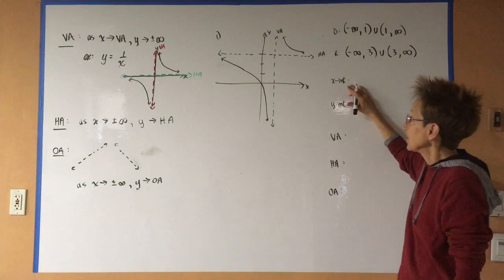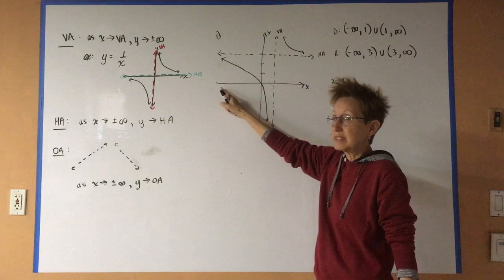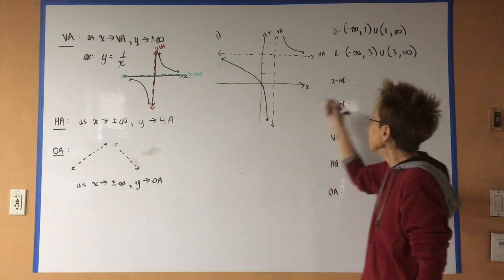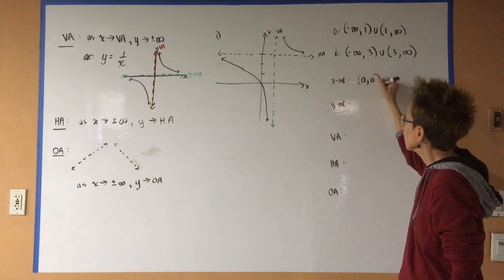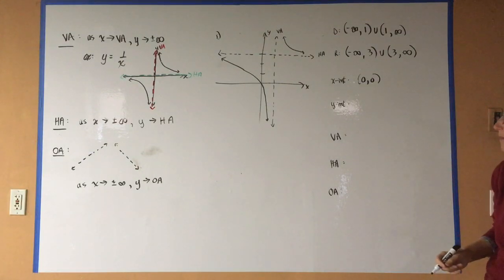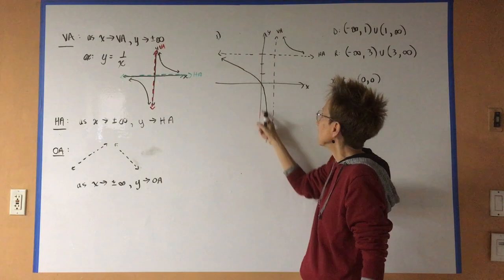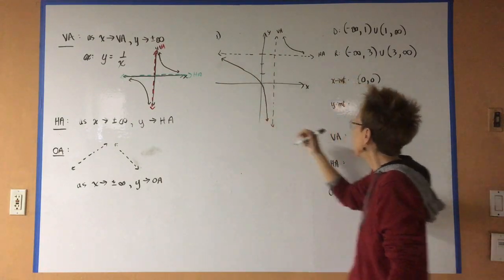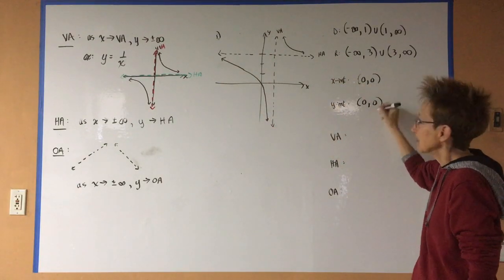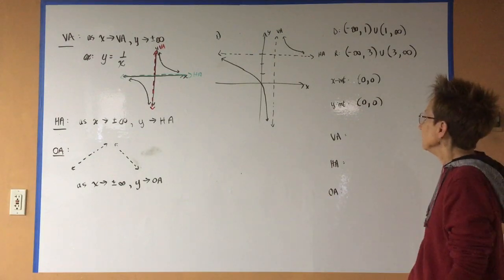In terms of x-intercepts, I look at my x-axis to see if it's hitting at all, and sure enough, it is at 0, 0, so I have an x-intercept only of 0, 0. Y-intercepts, I look and see where it's hitting the y-axis. Well, actually, the only place it hits the y-axis is right there as well, so my y-intercept is 0, 0. 0, 0 can be both.